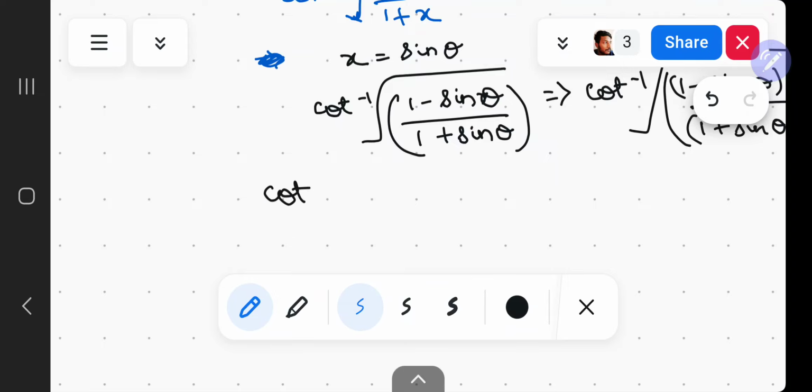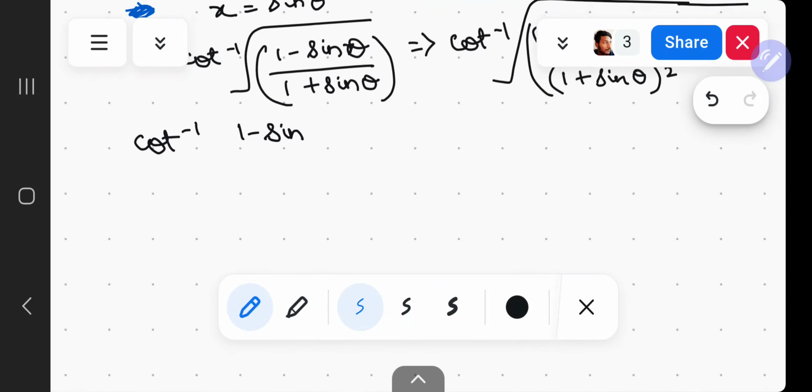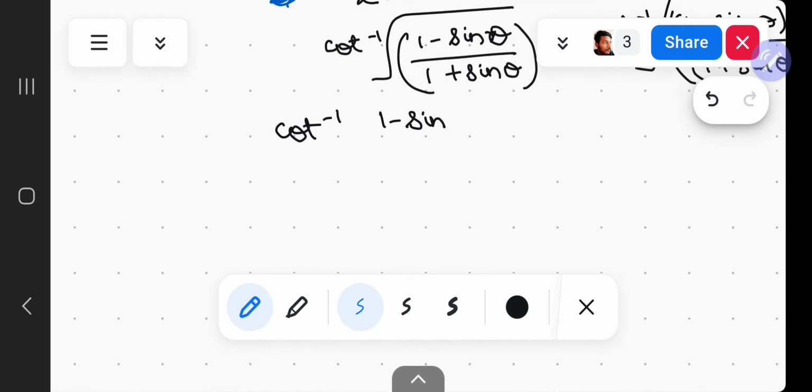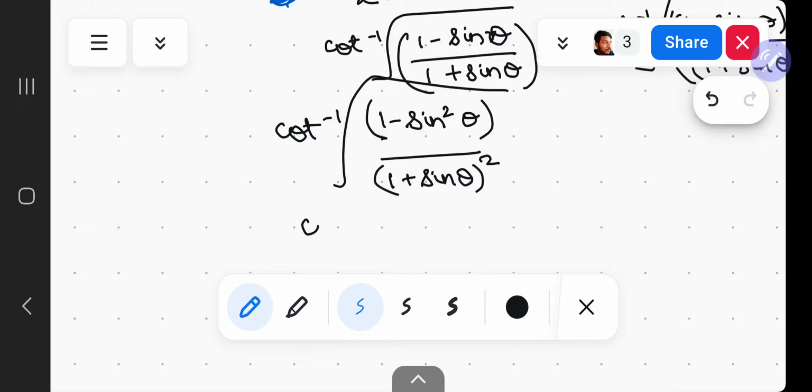So in the numerator it's 1 minus sine square theta. In the denominator it's 1 plus sine theta whole square.